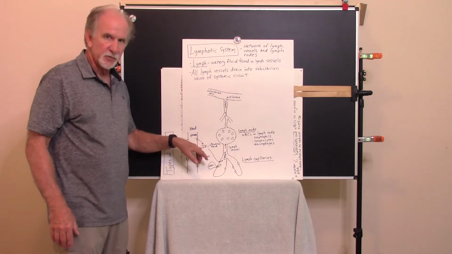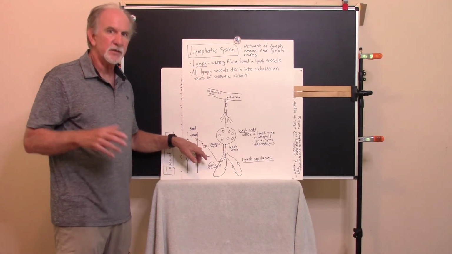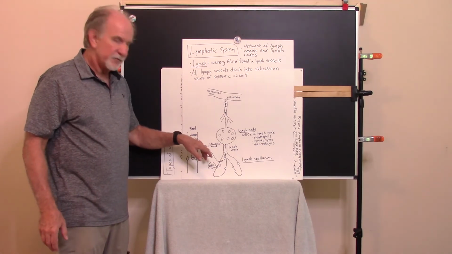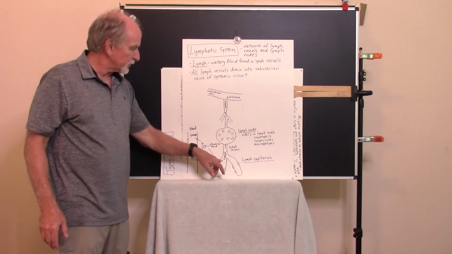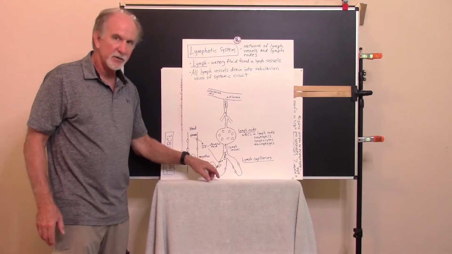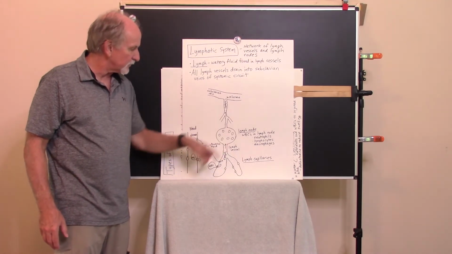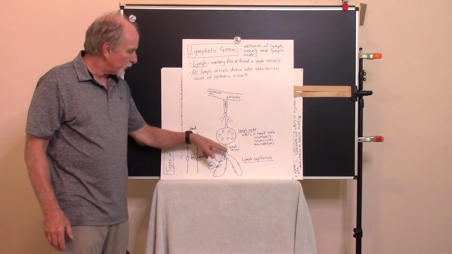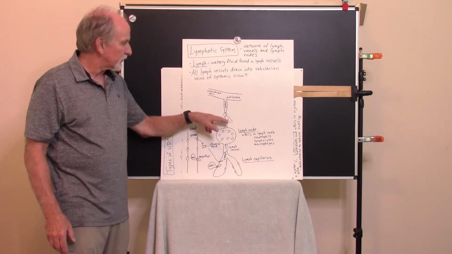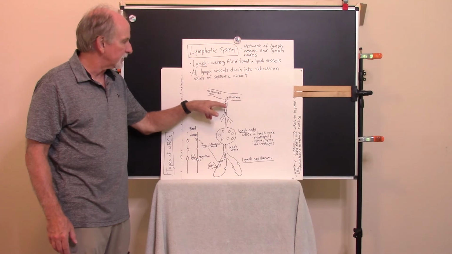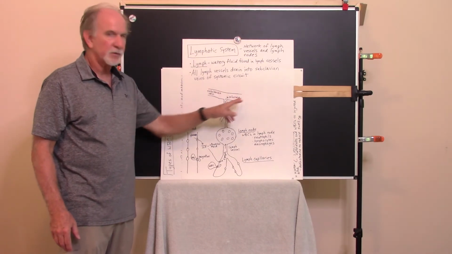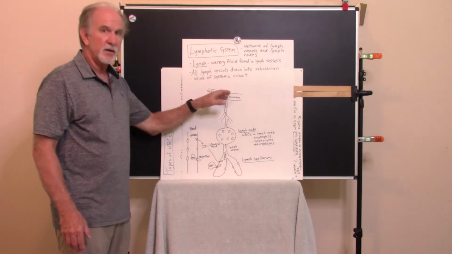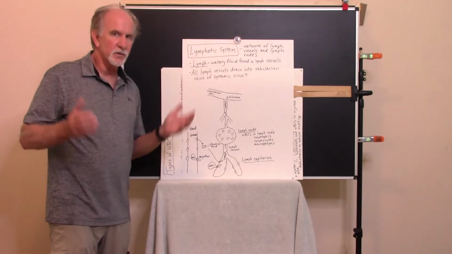The interstitial fluid then is the fluid found between cells. If some of the interstitial fluid moves through holes in lymph capillaries and into lymph vessels, it's now called lymph. And the lymph will flow through lymph nodes and along lymph vessels, and eventually the lymph will flow into the subclavian veins, where it becomes blood plasma once more.